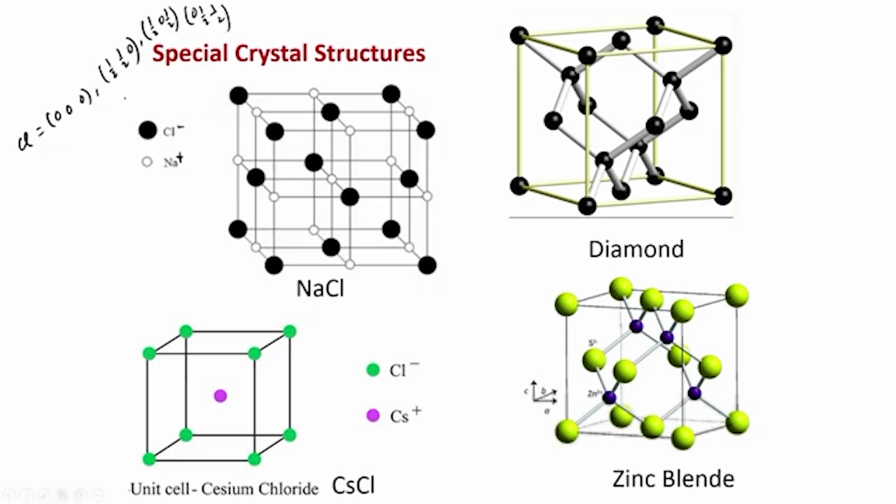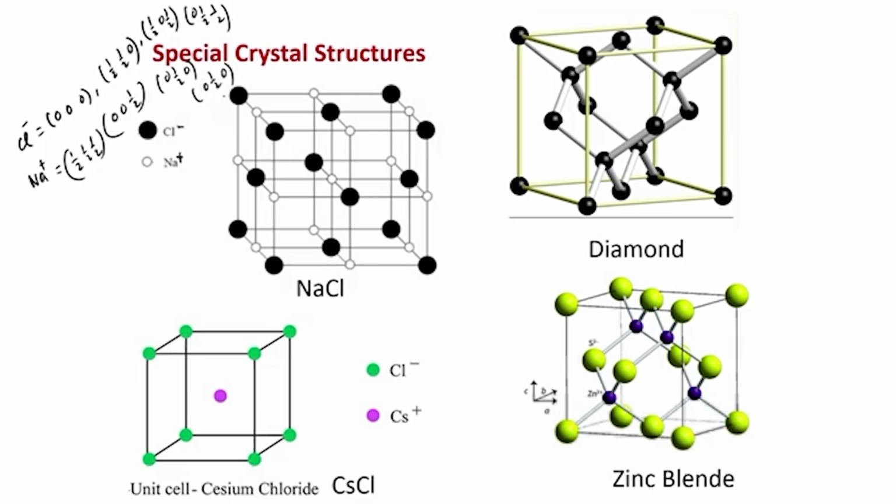So, these are the chlorine atoms. Chlorine minus is situated there, and the sodium atoms are situated at half, half, half, and then we have 0, 0, half, and we have 0, half, 0 and so on.